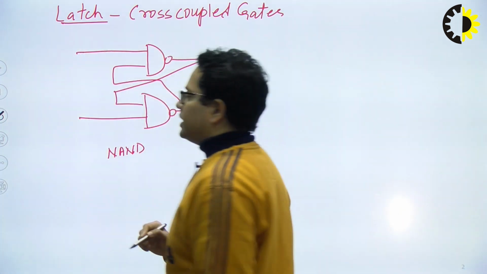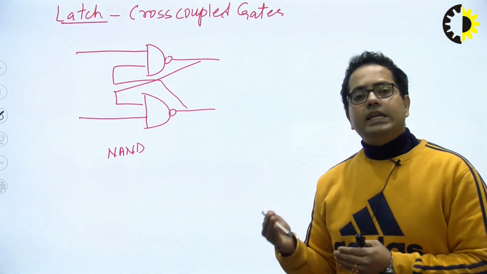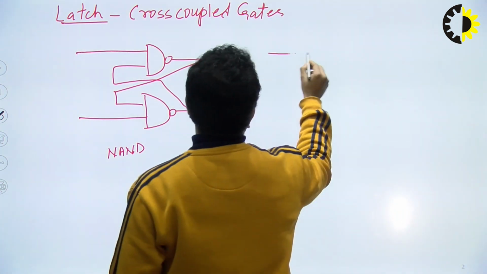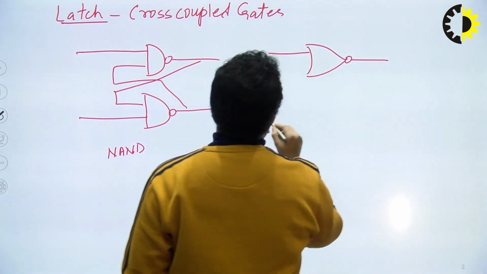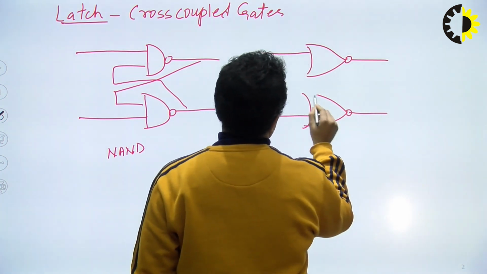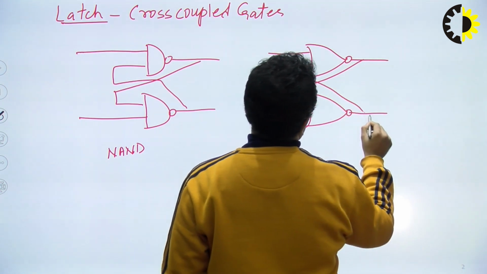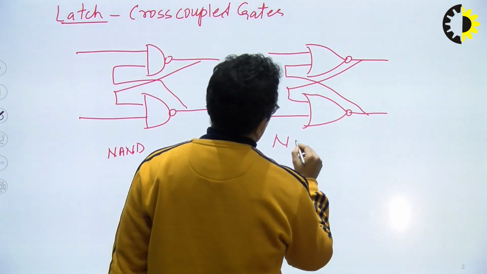Similarly, another type of latch can be implemented by connecting NOR gates in a cross-coupled manner. Exactly the same situation holds for the NOR. So this is your latch implemented using NOR gates. This is the concept of the latch: a cross-coupled device.